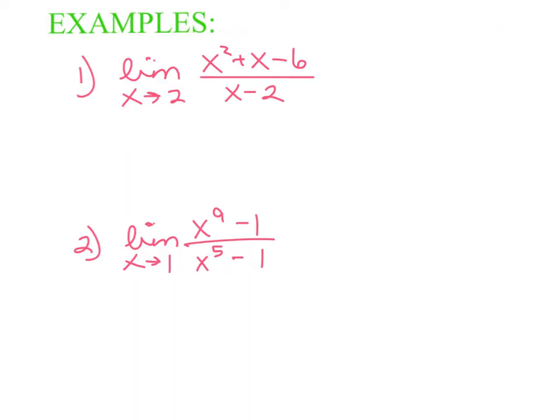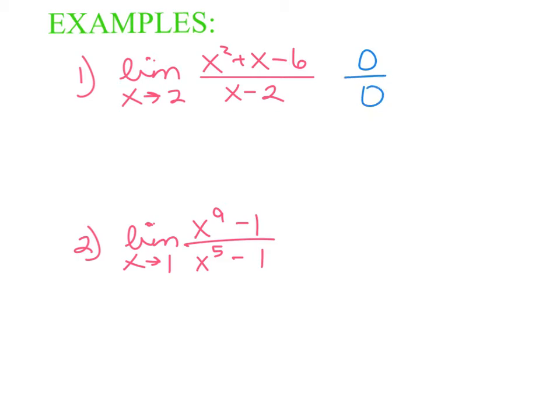Okay, so we're going to get started with a very simple example to begin with. And this example, actually, we could have solved using our alternate method. Of course, if I wanted to solve this, I want to first of all make sure that it's a 0 over 0, that I can't just plug in the 2 to begin with. So, of course, 2 squared is 4, plus 2 is 6, minus 6 would be 0, and 2 minus 2 is 0.